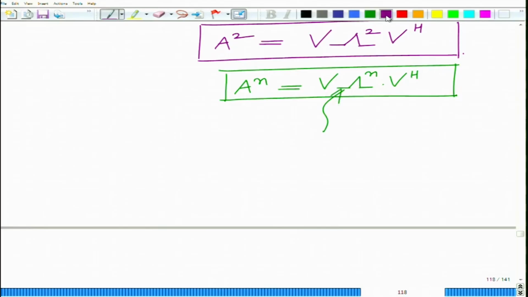I am sorry, I should have used a different integer here: lambda 1 to the power of m, lambda 2 to the power of m, so on, lambda n to the power of m. So, this is easy to compute.